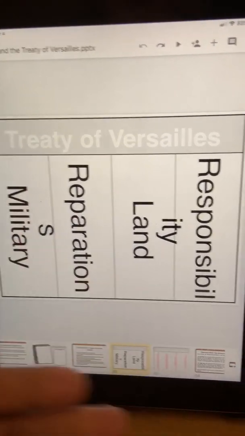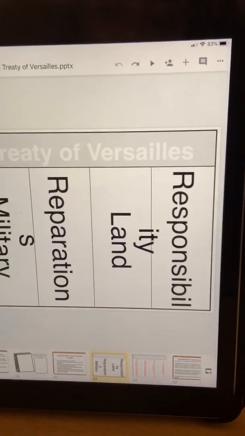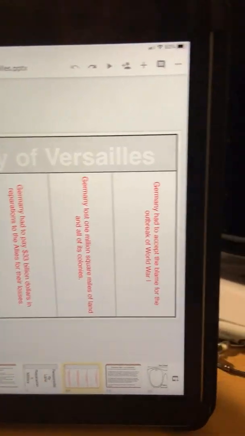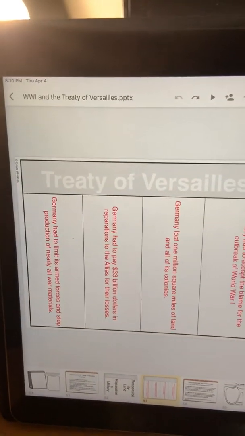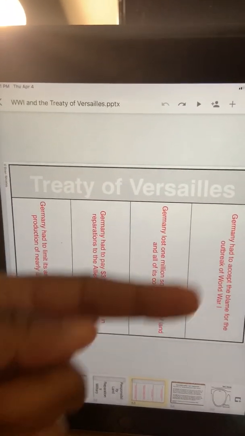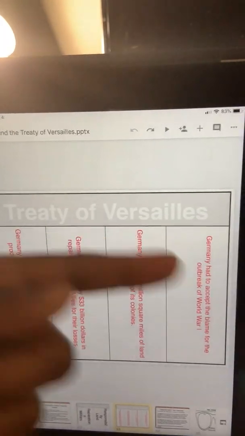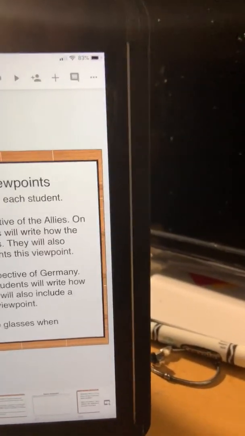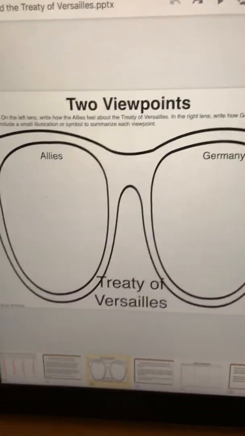Germany had to take responsibility, give up land, pay reparations, and the military was restricted. As the teacher gives the handout, students will complete it and go over it as a class to fill in the information, so that students can keep it as they continue through the unit and apply the information.